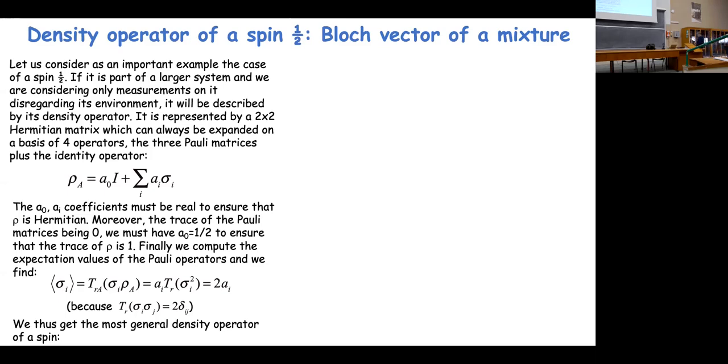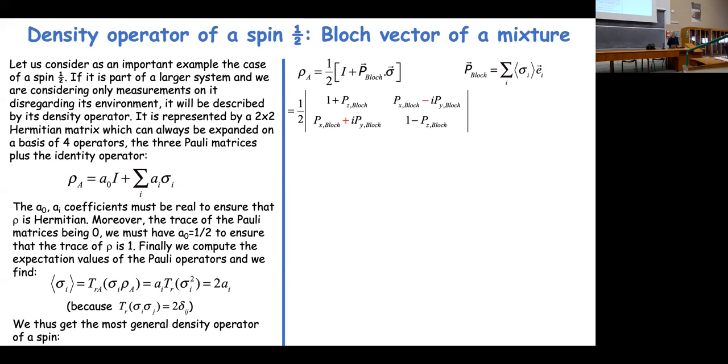So if I take all this into account, I can say that A_X, A_Y, and A_Z are the 3 components of a vector along X, Y, Z, and I call it the Bloch vector, P. And you see what I have demonstrated is that the most general density operator is 1/2 I plus the scalar product of P with the sigma matrices, sigma X, sigma Y, and sigma Z.